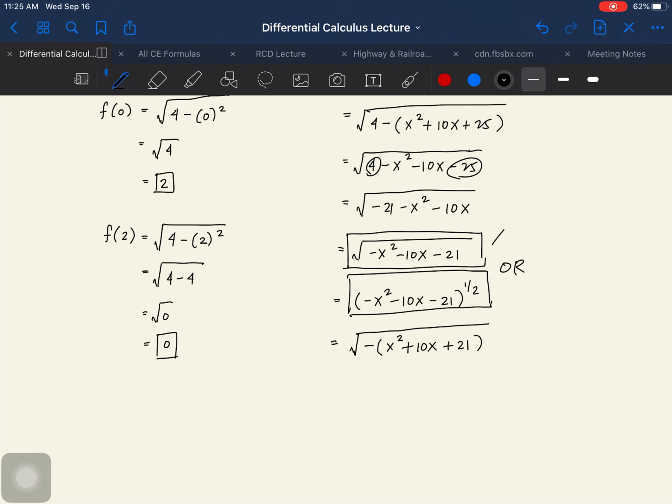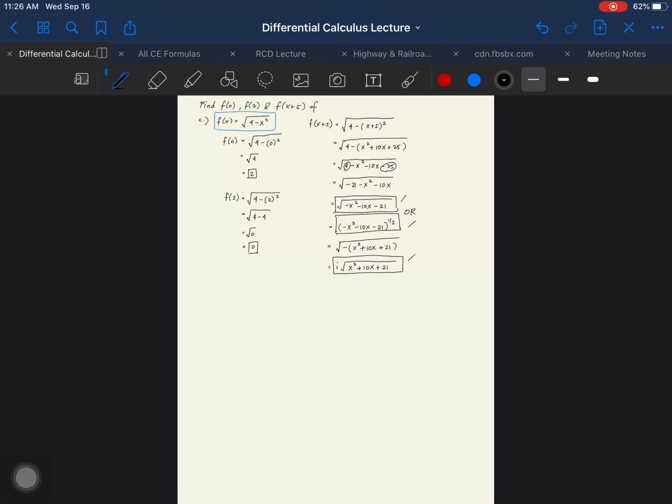What happens? You can have an imaginary answer because you don't have any square root of a negative number, right? So it's imaginary: i times the square root of x squared plus 10x plus 21. Okay, so that is the third possible answer.